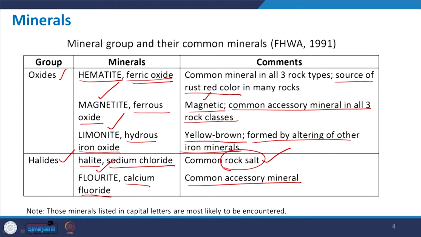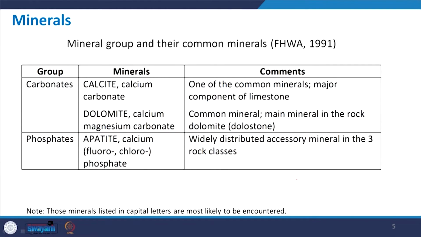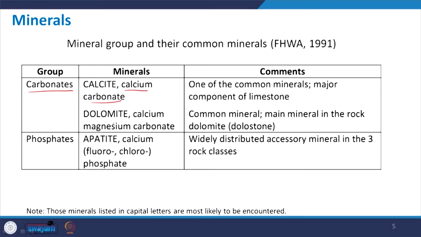Let us move to the next group, which is carbonates. It has calcite, calcium carbonate, as one of the common minerals, and in the case of limestone rock, this is the major mineral. Then the second one in this category is dolomite, calcium magnesium carbonate.